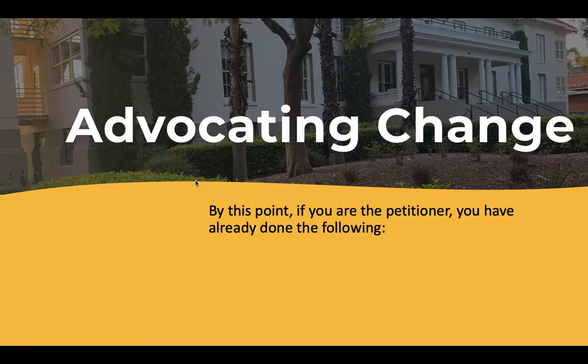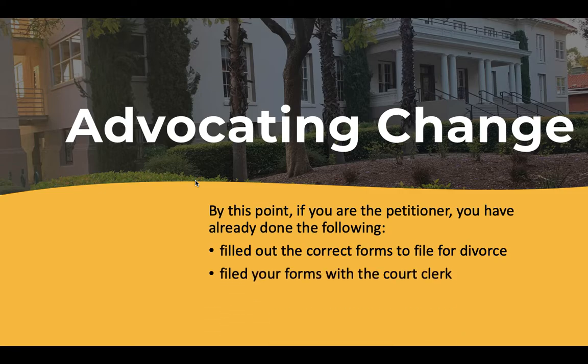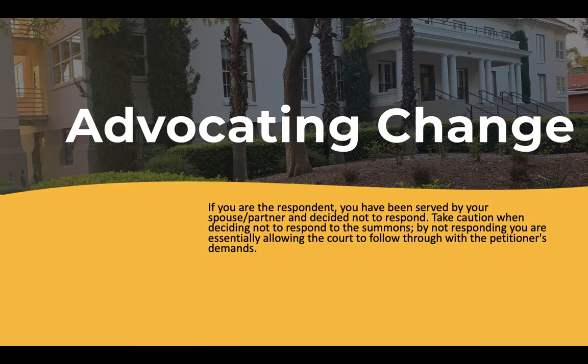By this point, if you are the petitioner, you have already done the following: filled out the correct forms to file for divorce, filed your forms with the court's clerk, and had the paper served to your spouse or partner. If you are the respondent, you have been served by your spouse and decided not to respond.